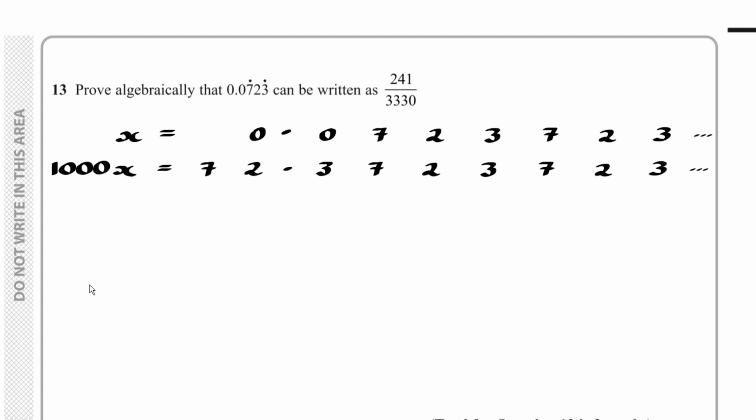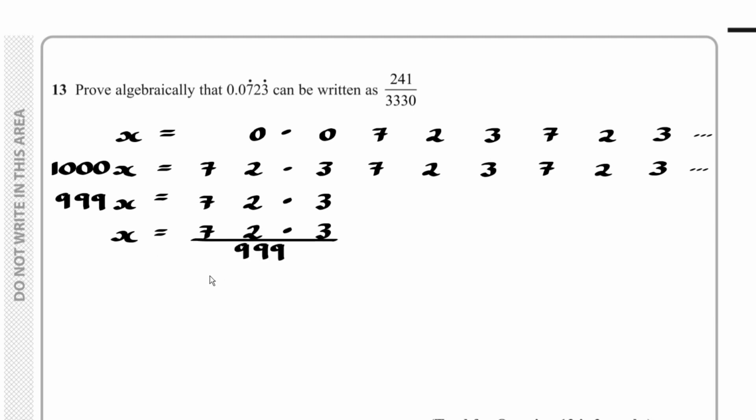Now if I subtract these, 1000x subtract 1x is 999x, 72.3, 723, 723, etc. subtract 0.0723, 723, etc. is 72.3. So 999x is equal to 72.3. And if I divide both sides by 999, x is equal to 72.3 over 999.